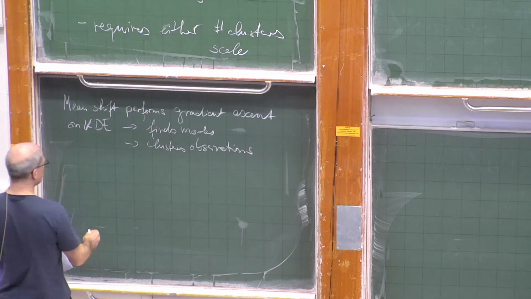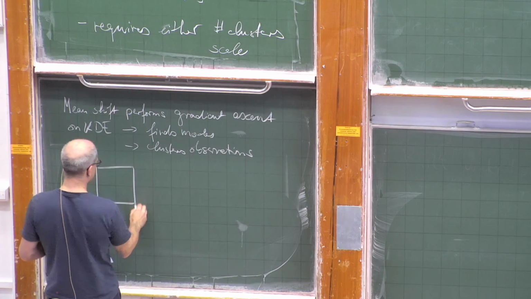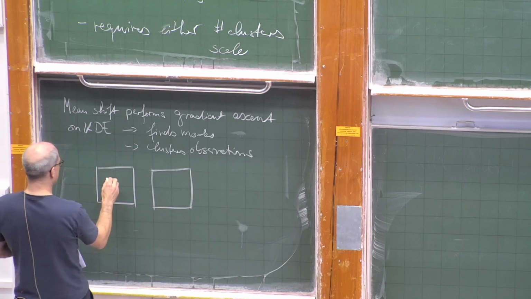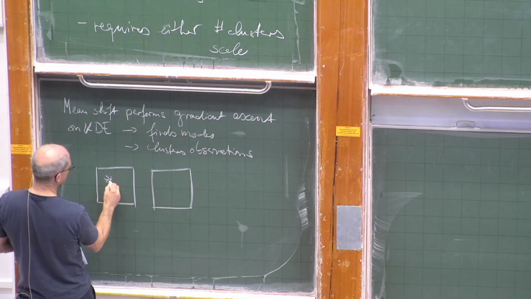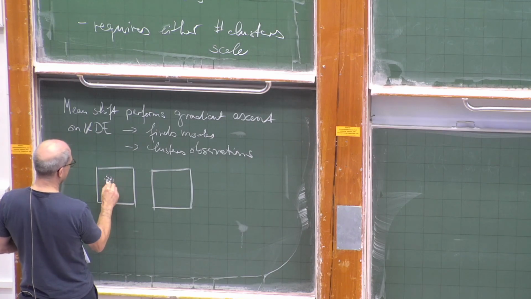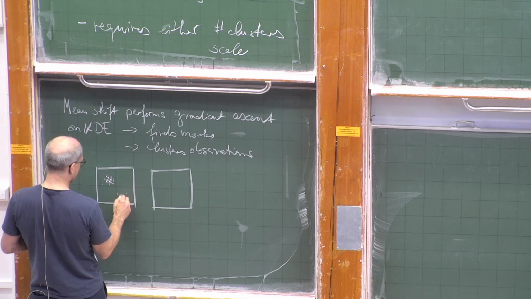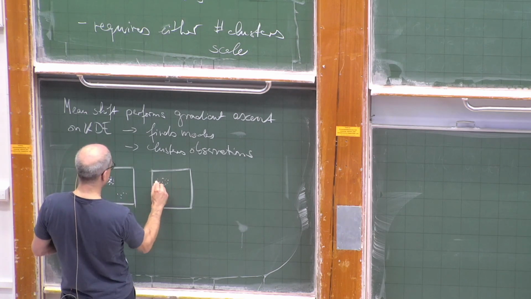So I'm giving a 2D example. And I'm now inventing a cluster here, and I'm inventing another cluster there. I'm trying to copy the data. So these are now observations in a 2D space.